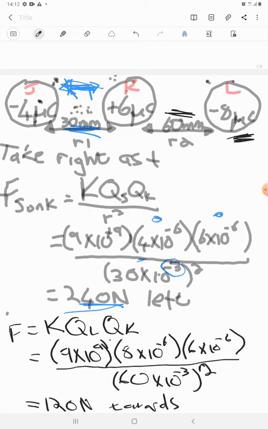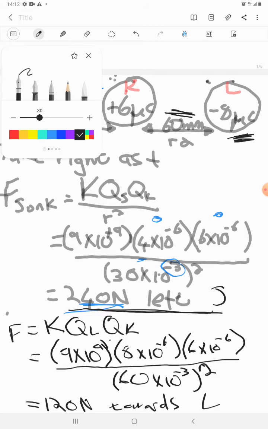Now, I can see I've got towards L, and this one's left, so towards J. Alright, so that one's left. Now, because this one is going towards the left, let me use a different color over here. Let's go with red.